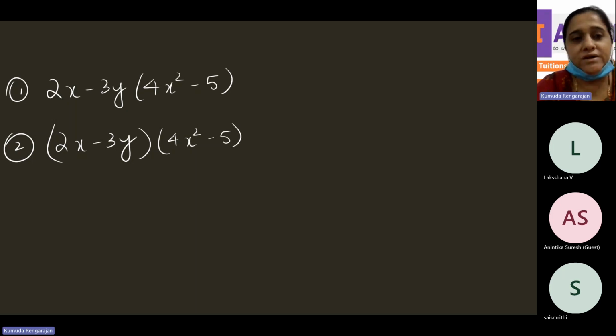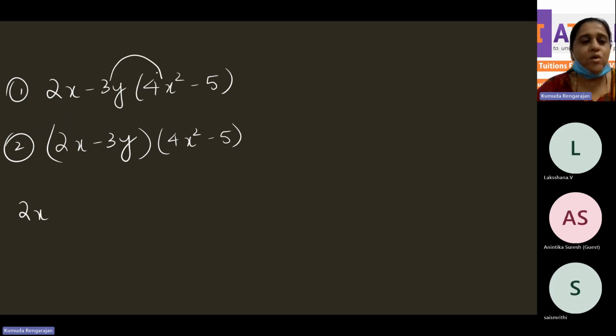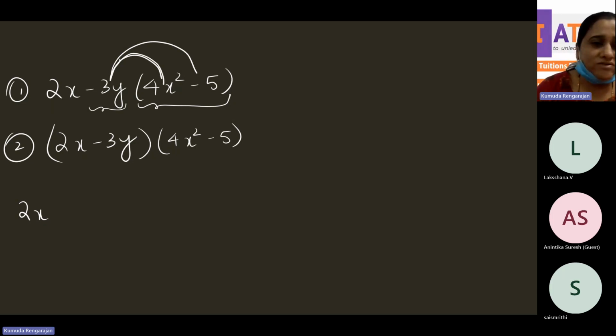They are different. The first one means multiply only minus 3y with 4x square and minus 5. What is before the bracket? Before the bracket, we have minus 3y. So it means multiply minus 3y with 4x square and minus 3y with minus 5.